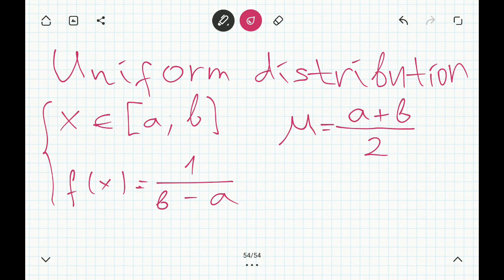So our distribution is symmetric. And there is one more thing which I'm forgetting to do, but yeah. So variance of uniform distribution is just the length of the interval squared over 12.